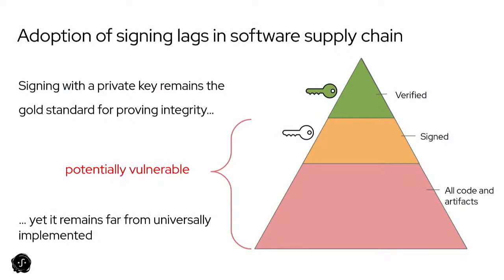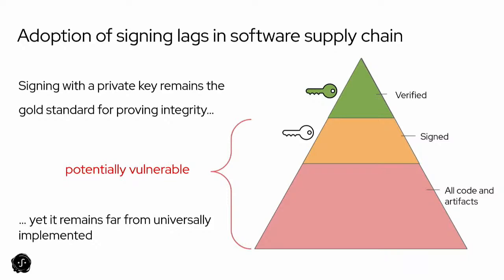Now, signing an artifact like a software binary or a container image with a cryptographic private key remains the gold standard for proving the integrity and authenticity of that artifact. So the signature tells us that the source of that artifact is a specific source, hopefully a legitimate source, and also that the artifact has not been altered since the source signed off on it.